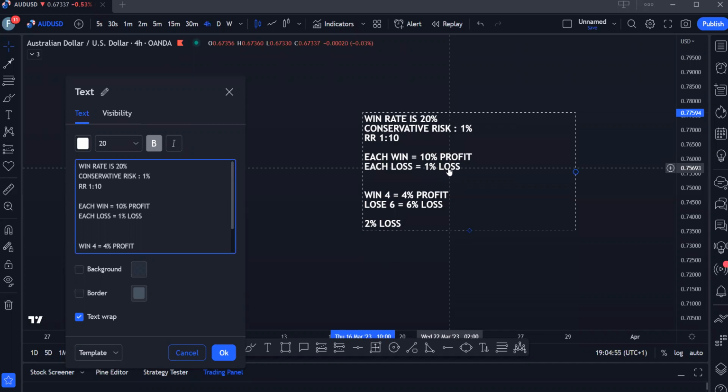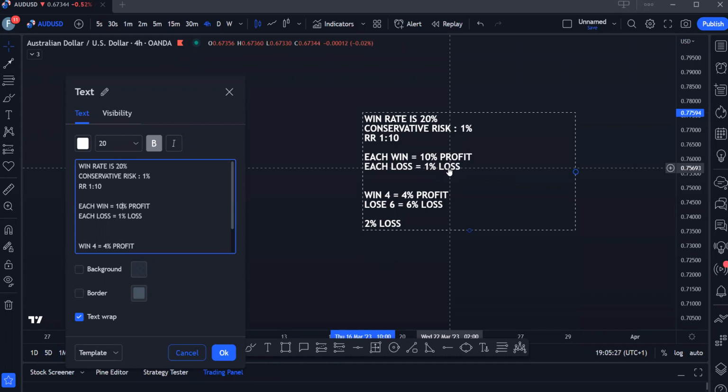All right? But let's say you've lost 3 trades back to back, and your risk to reward is 1 to 3. That means 1 trade that you win would help you recover all the losses that you've made. Having a good risk to reward will help you manage your emotions properly, because you know that you only need to get it right once.